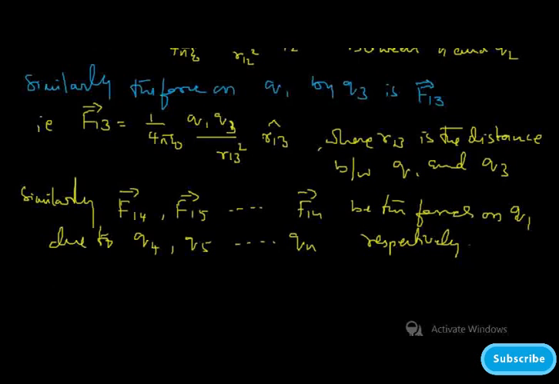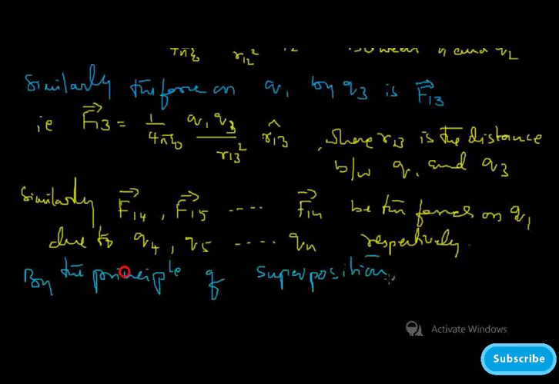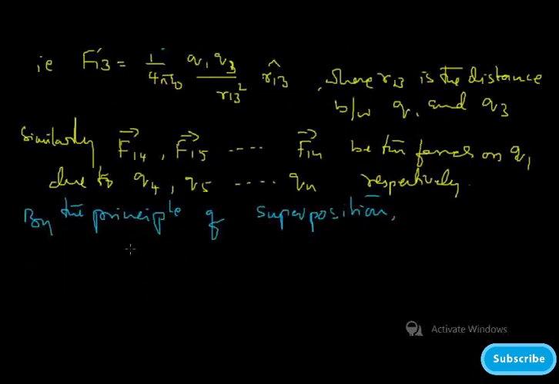So what does the principle of superposition say? By the principle of superposition, the net force on Q1, let us call it F vector, is equal to the vector sum of the forces. We take the vector addition using vector algebra, either by the triangle law or the parallelogram law of vector addition.